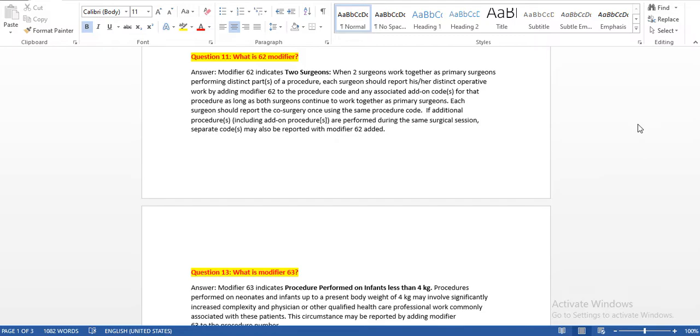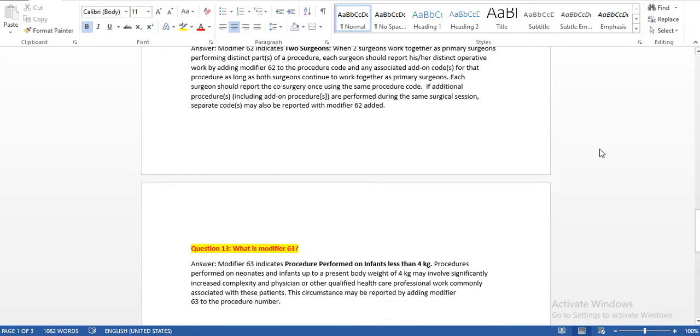So whenever both surgeons work as primary surgeons only, we can use 62 modifier. Mostly you will find this type of 62 modifier use in spinal surgery codes. Each surgeon should report the co-surgery once using the same procedure code. If an additional procedure is performed during the same surgical session, a separate code may also be reported with modifier 62 added.